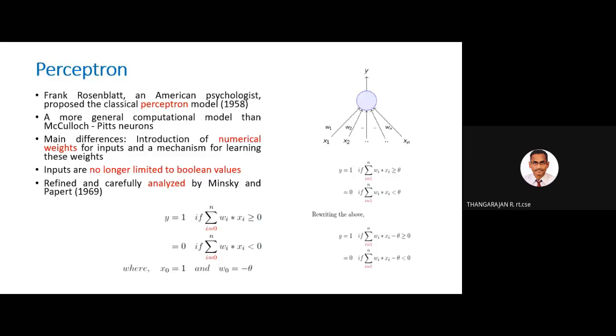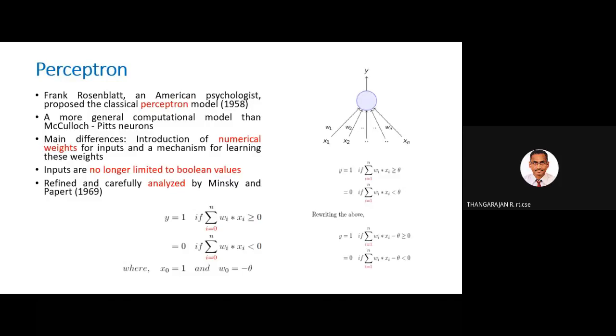Later people came up with the idea of a better artificial neuron, the perceptron. It was done by Frank Rosenblatt, and yesterday we discussed in the history that it was done in 1958. It is a more general computational model than the McCulloch-Pitts neuron.